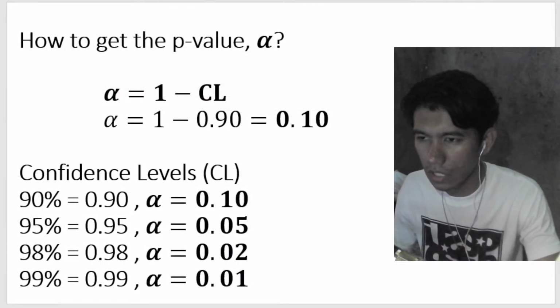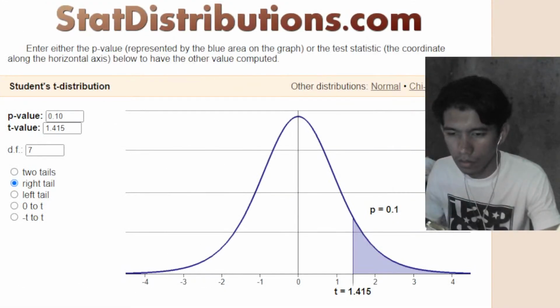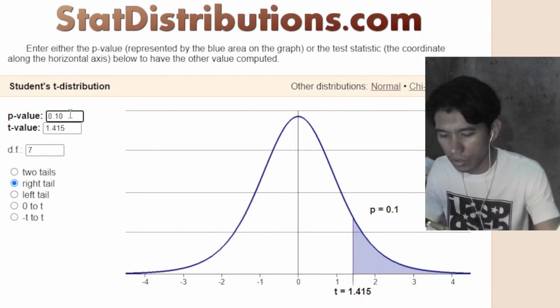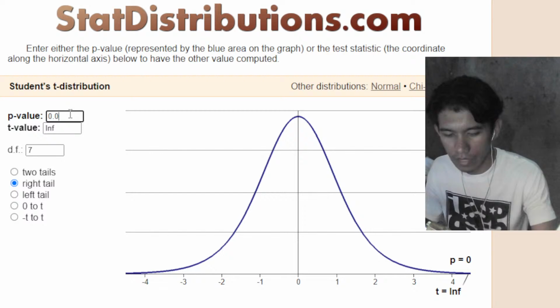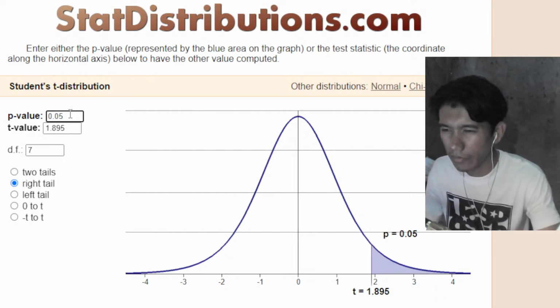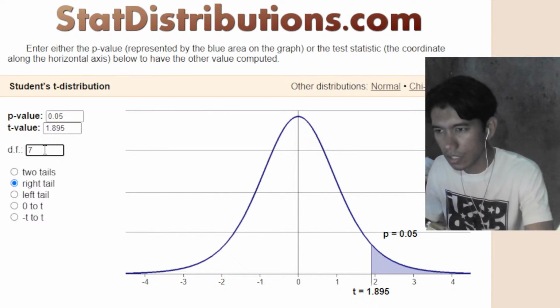If we're going to use 95%, the corresponding p-value is going to be 0.05. So we're going to type that into our software. Instead of 0.10, we're going to use 0.05 now because our confidence level is 95%.